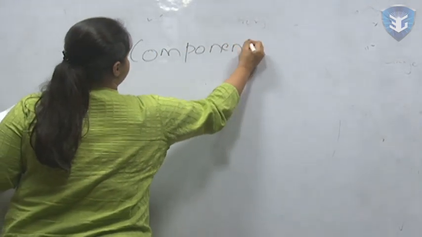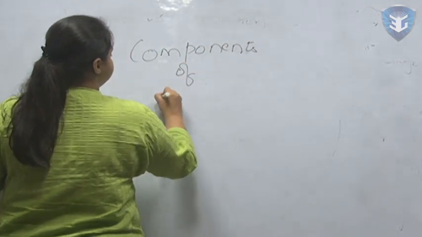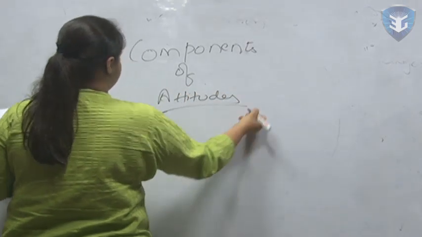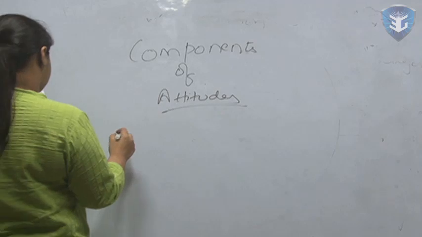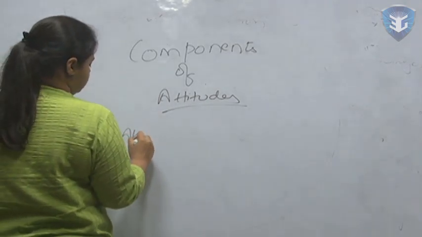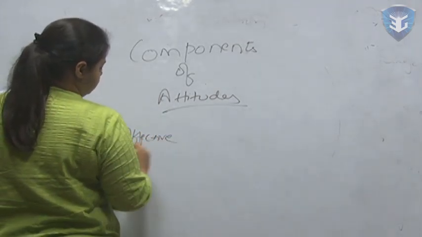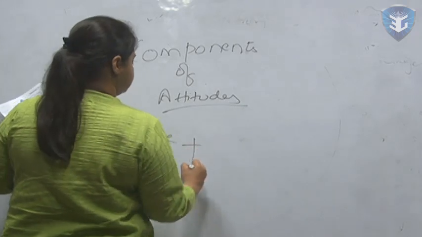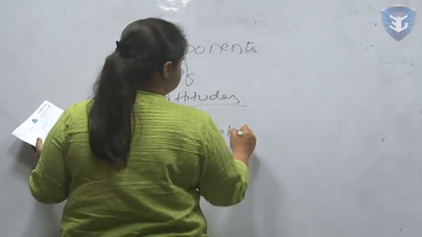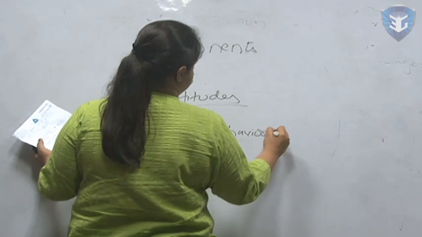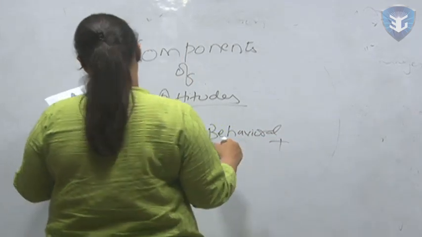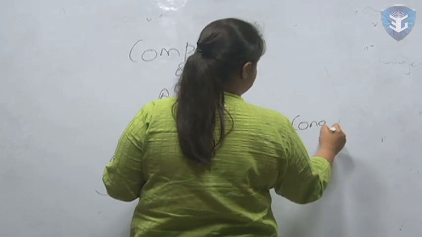So, talking about components of attitudes, the basic components are affective component, plus behavioral component, plus cognitive component.